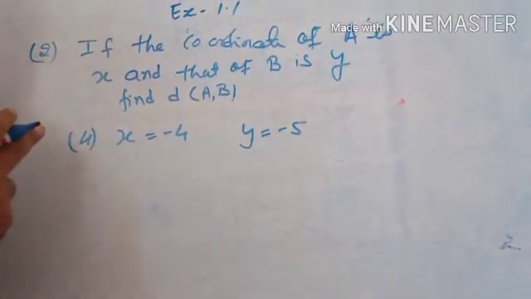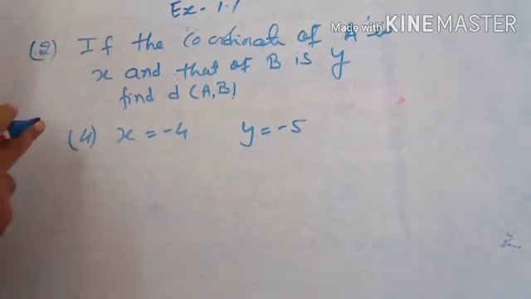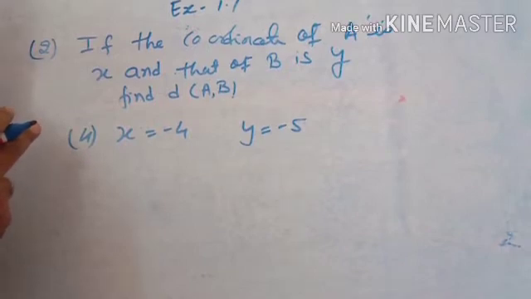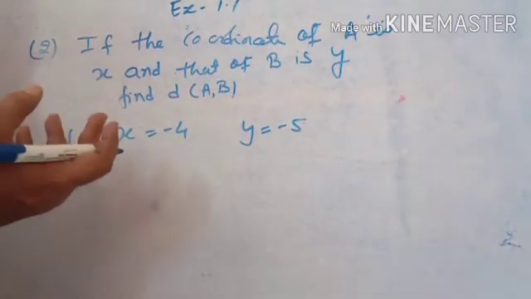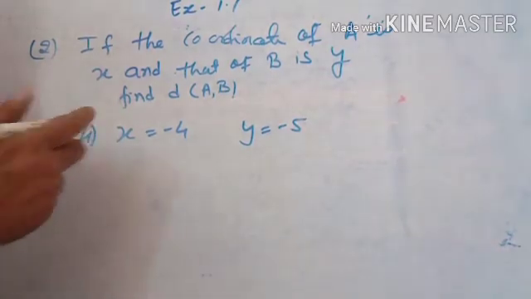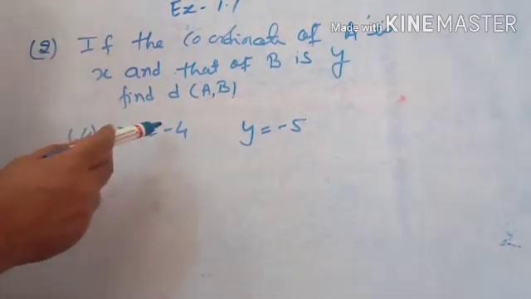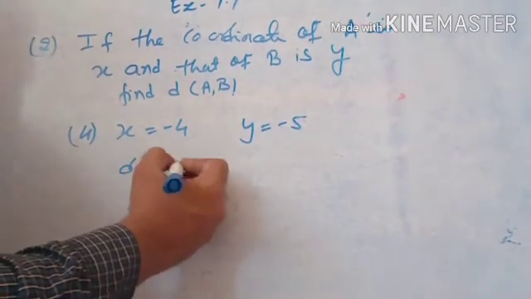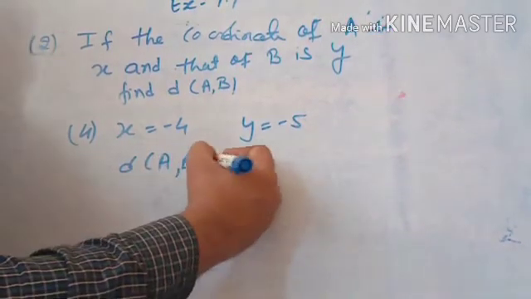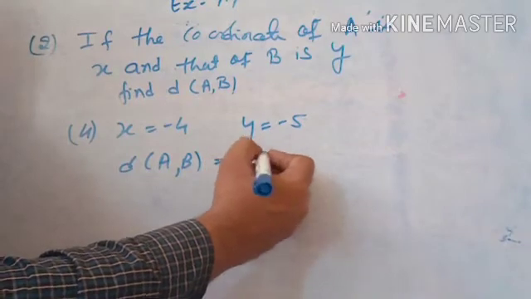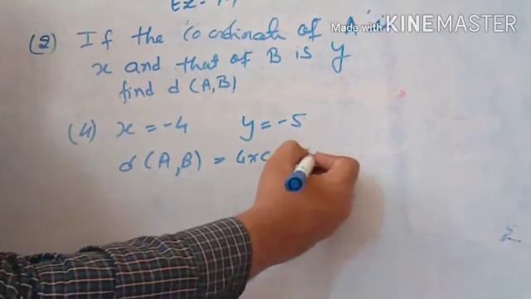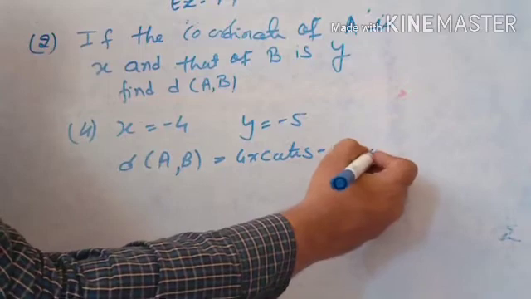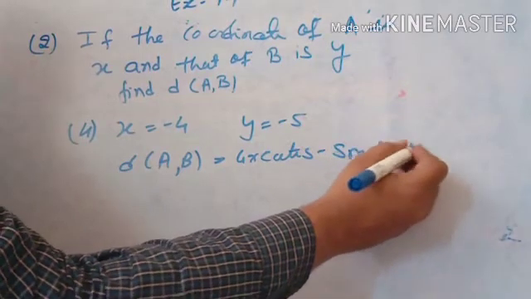In question number 2, after question number 2 we don't solve question number 3. We solve question number 4 after that. X is equal to minus 4 and y is equal to minus 5. For this we find distance AB is equal to greatest minus smallest.